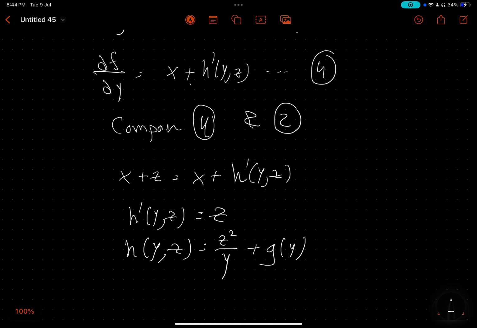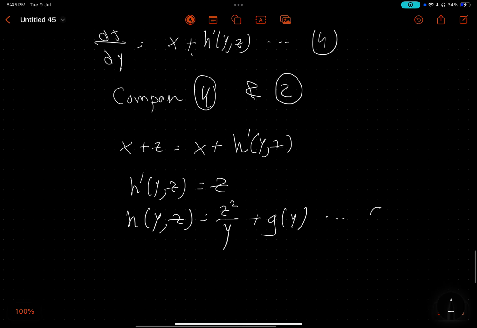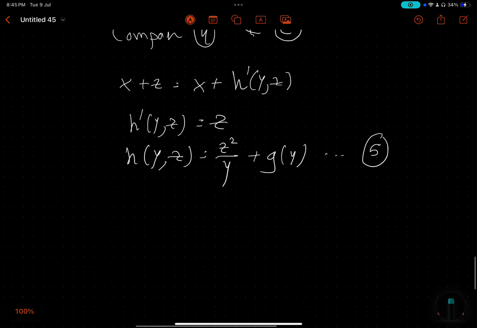Now here, yeah, if we integrate, we're gonna get g of y. If we differentiate this with respect to z, of course, yeah. And now let's call this 5. Okay, and now we want to find g of y, and that's not hard to do. This is z squared over 2.